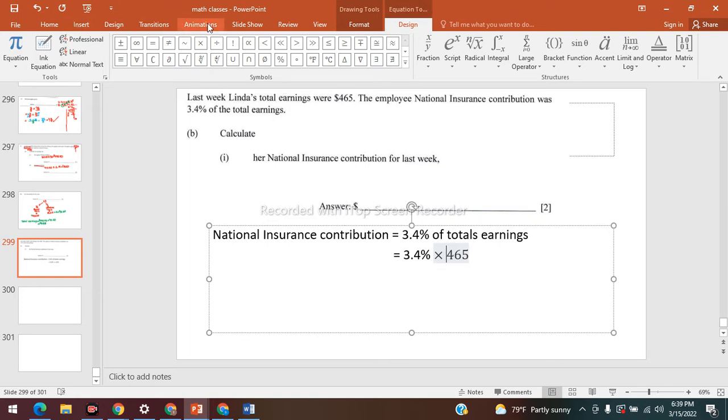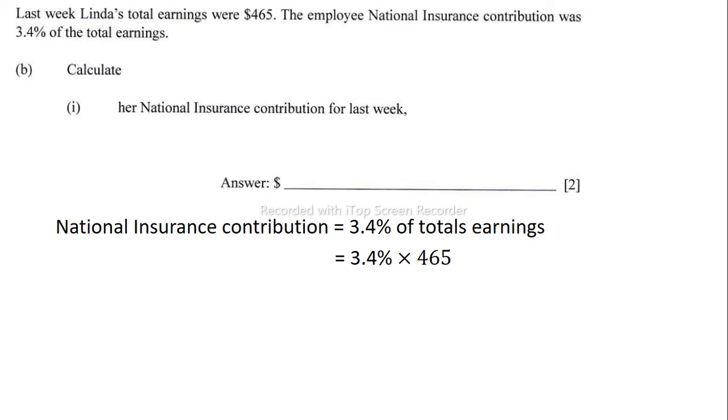If we were to do the math here, this would be equal to 3.4 divided by 100 multiplied by 465 over 1.